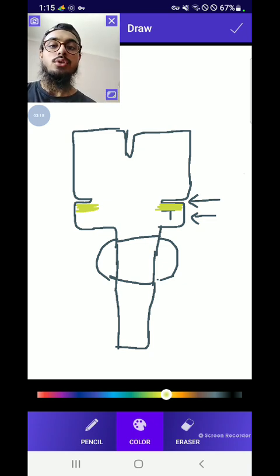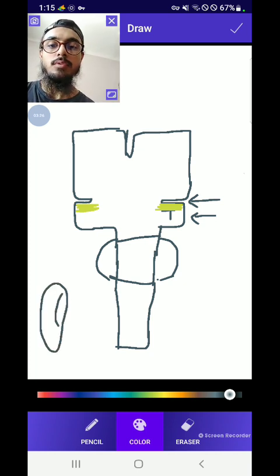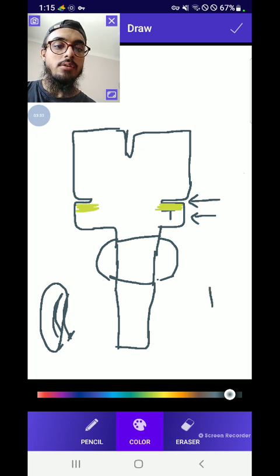Now I draw some pathway related to the primary auditory cortex. Here I draw the ears. This is your ear, right ear and left ear.